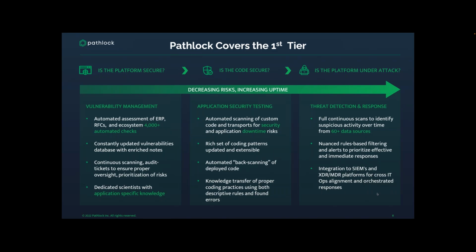Third is the platform under attack. From a Pathlock perspective, we look at over 60 data sources where our rules can be applied to really begin to filter out noise and help people prioritize on patterns that indicate attack, to really avoid the false positives that may imply that something's under attack when it's not, and to help the different SOC teams really integrate their analysis, not just with SAP, but all of their IT landscape.